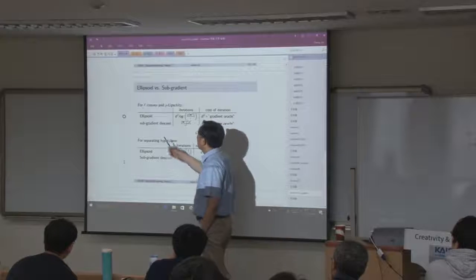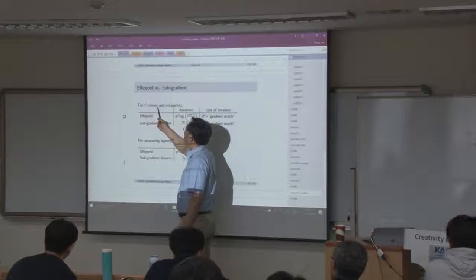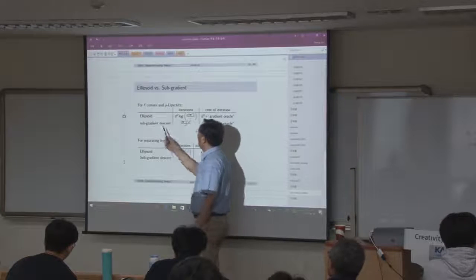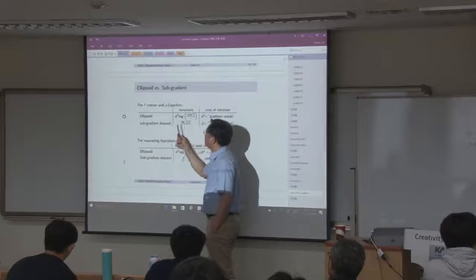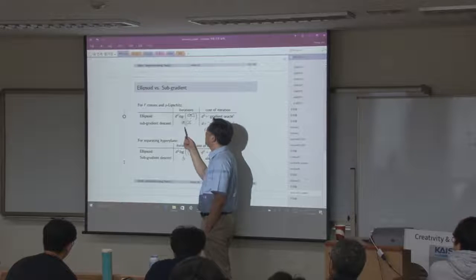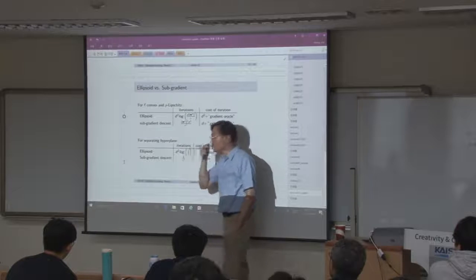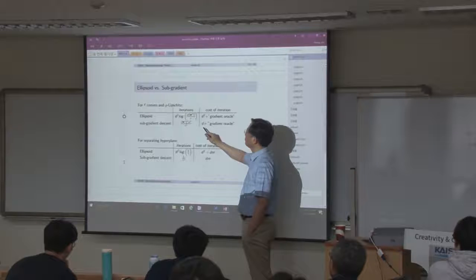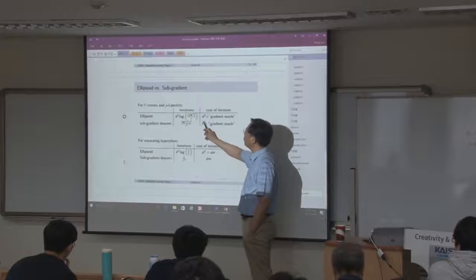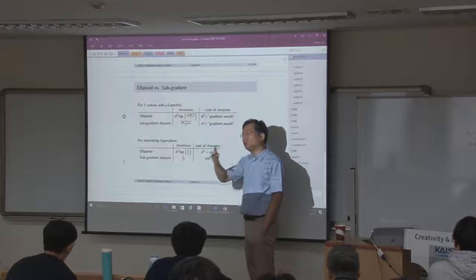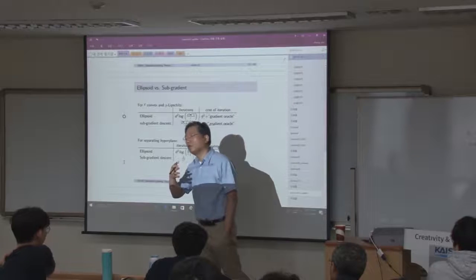So if the function is convex and rho Lipschitz, ellipsoid and subgradient require this many iterations for convergence. And at each iteration, the subgradient would require D proportional computation.